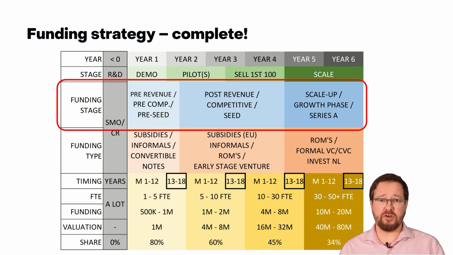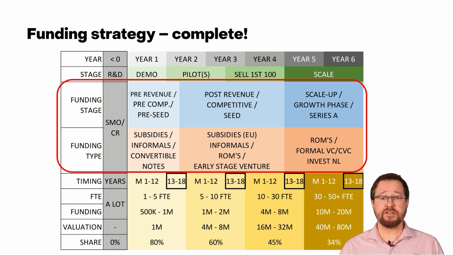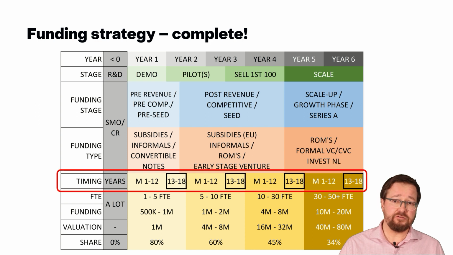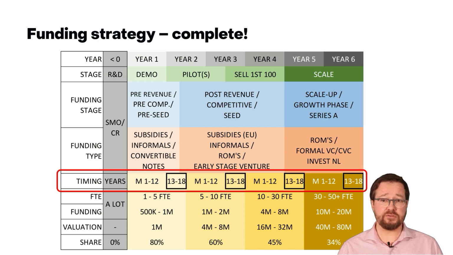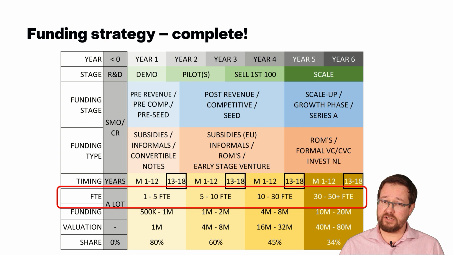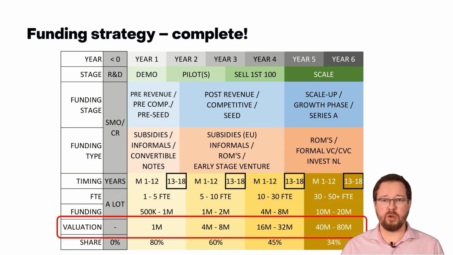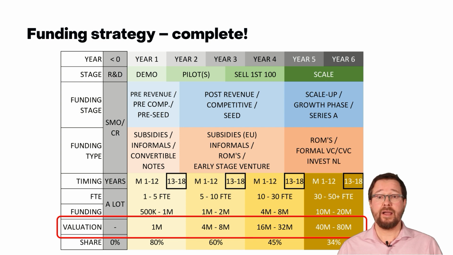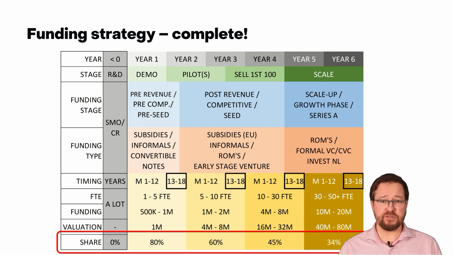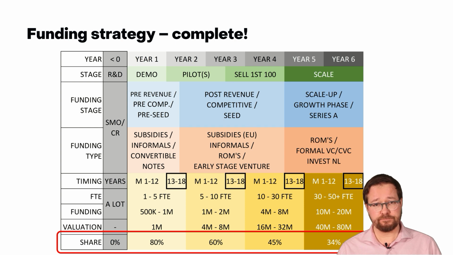We have identified the accompanying funding stages and the corresponding investors. We have identified the investment cycles. We've generated some ideas of FTE, required funding, valuation of the company at those stages. And we have some idea of what happens with your share in the company.